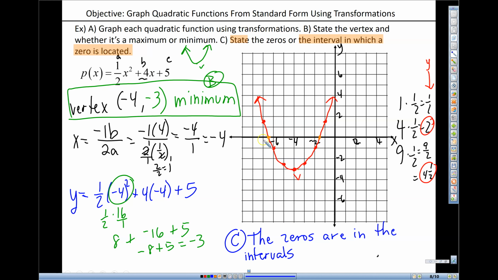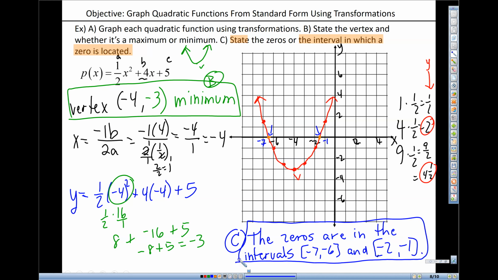Remember they're least to greatest intervals, so it starts at -7 to -6. That's that zero. And the other zero is in this interval over here from -2 to -1. And that would finish up all three parts.